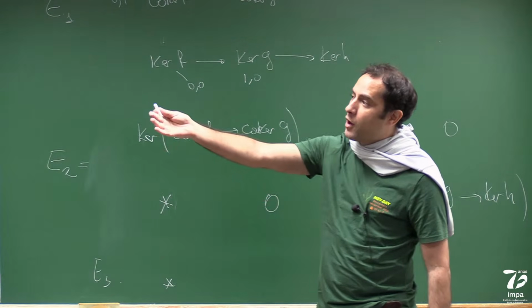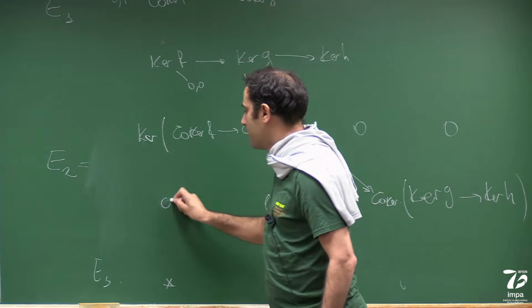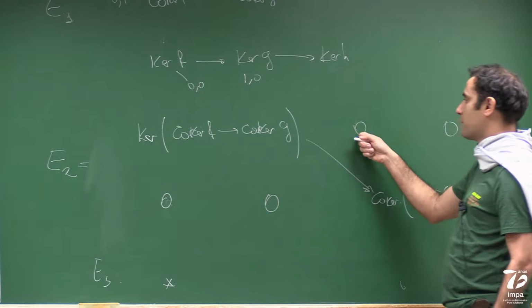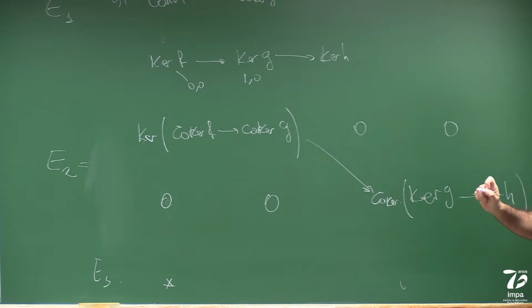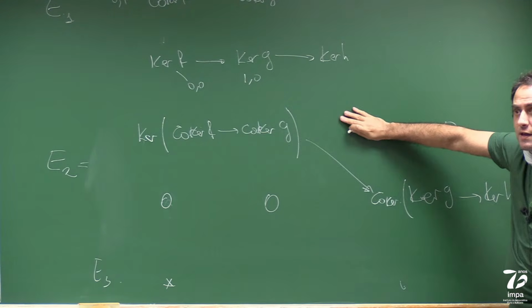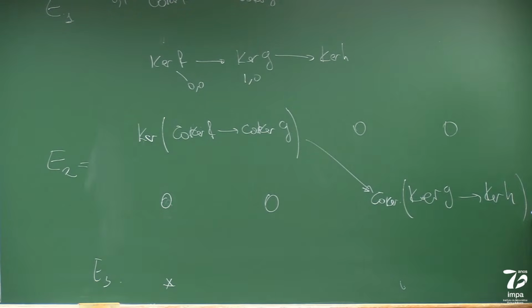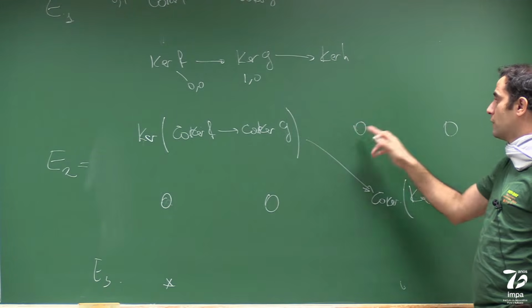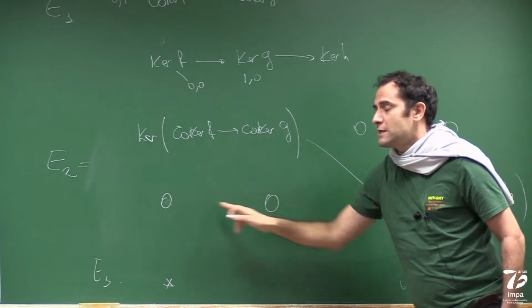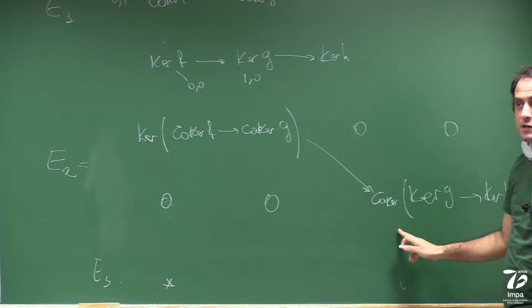Since we know that the homology is 0, then this guy has to be 0. Same argument for this, and for this. Well, for this and for this it is slightly different. If I have something here, then it will be in the kernel of the differential, and it can be in the image. So we know that we have zeros in these places, but here I might have something that is non-zero.